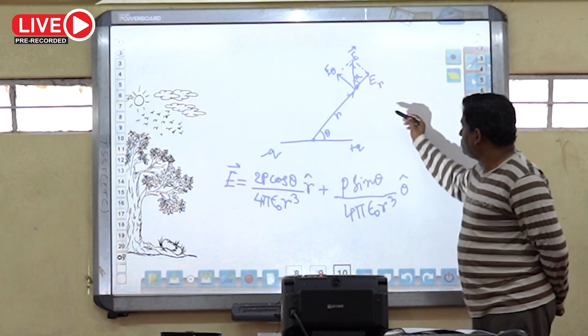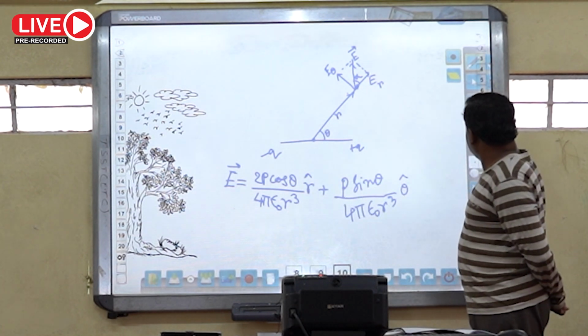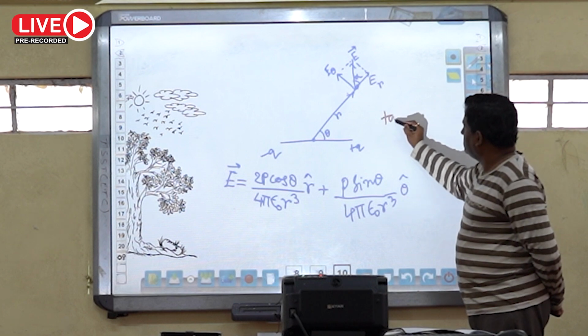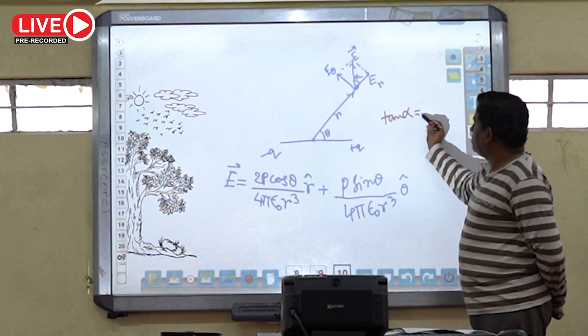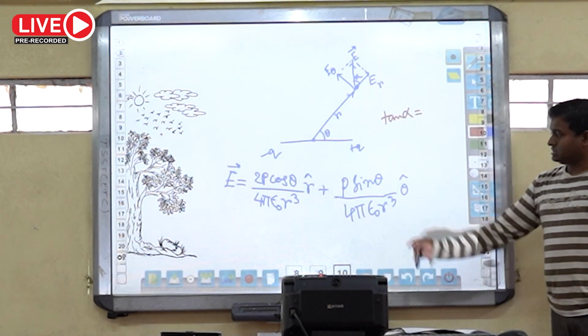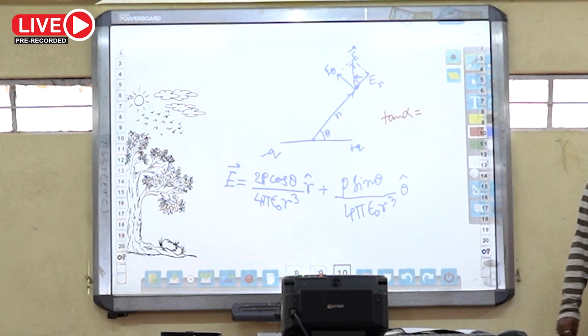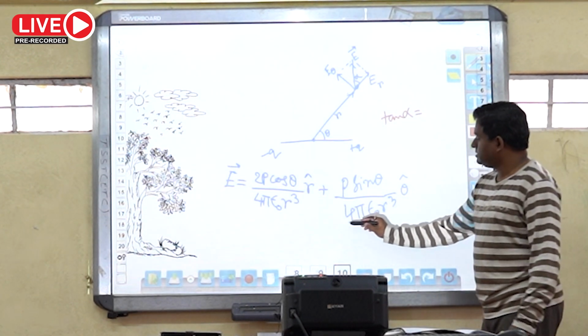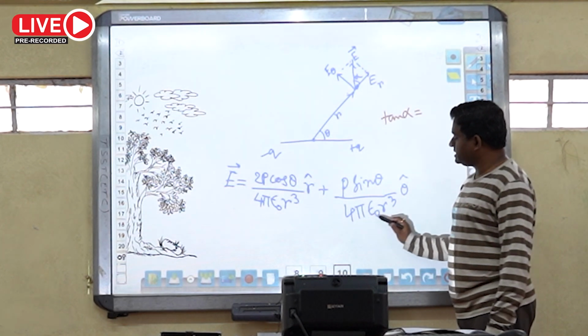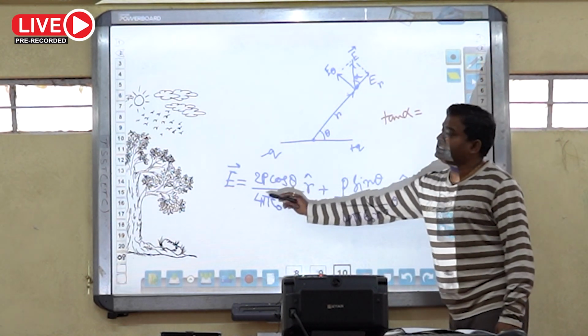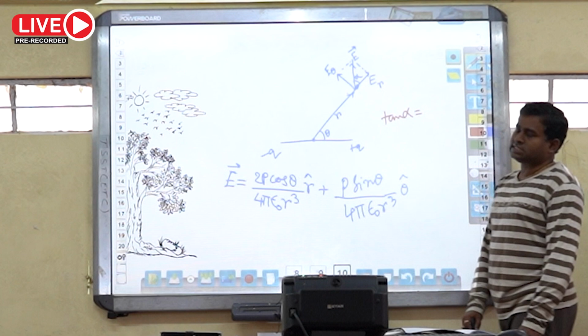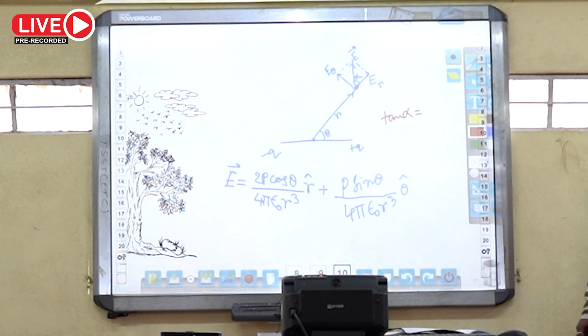Okay, so I can write tan alpha equal to how much? Just tell me from this. This part is coefficient of theta cap, that is E theta, and this part is coefficient of r cap, that is ER component. So from that you can find tan alpha.